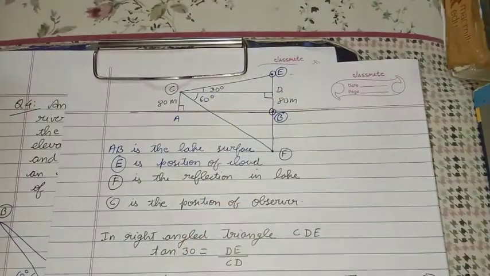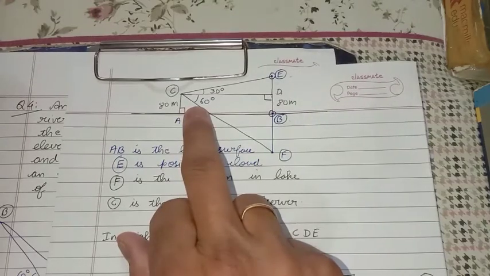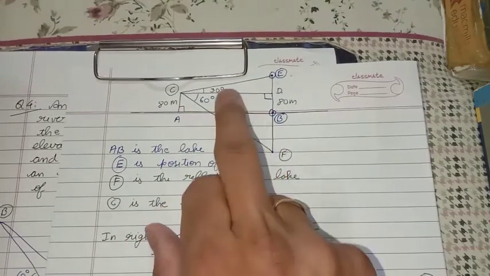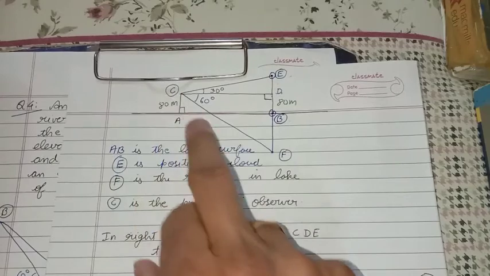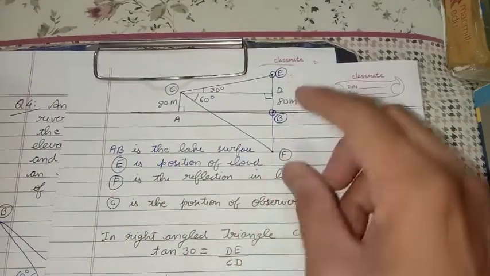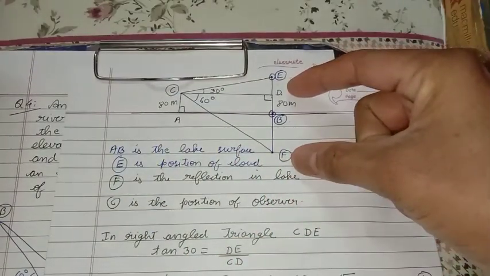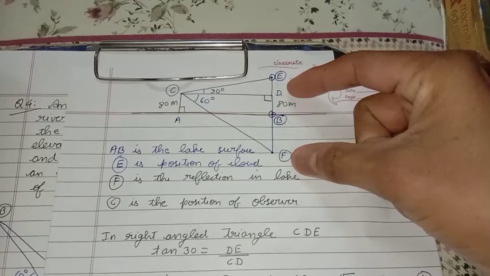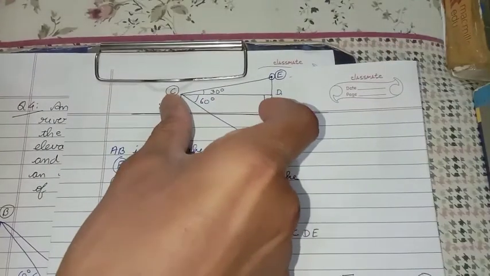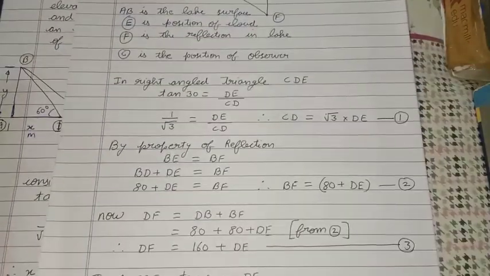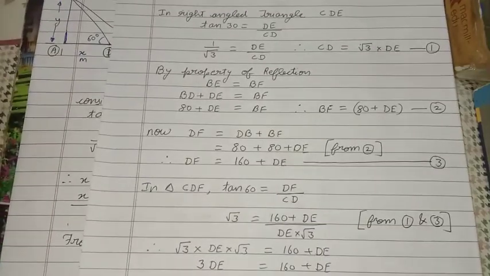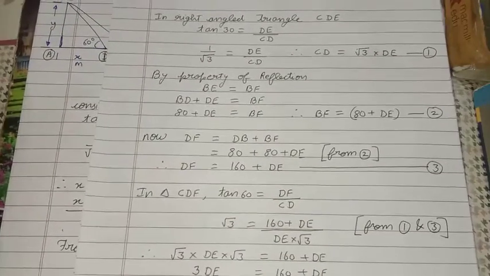So now I am applying the formula for tan 60. What will be tan 60? Opposite side upon adjacent side, because this is the hypotenuse. So this opposite side is DF, so it will be DF upon CD. That's what is written over here. Tan of 60 is equal to DF upon CD.